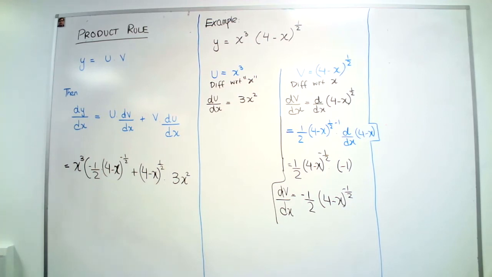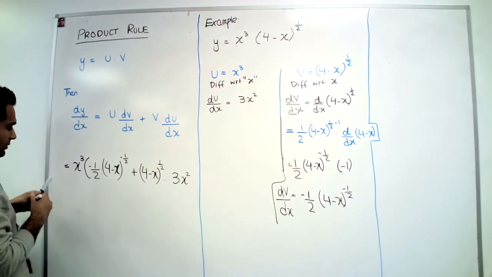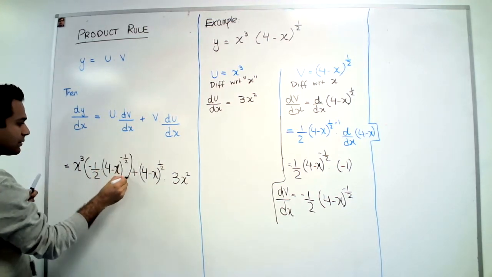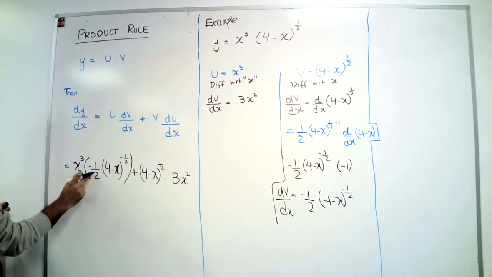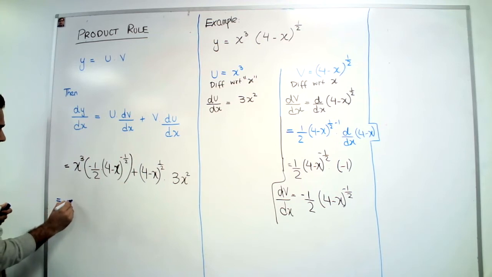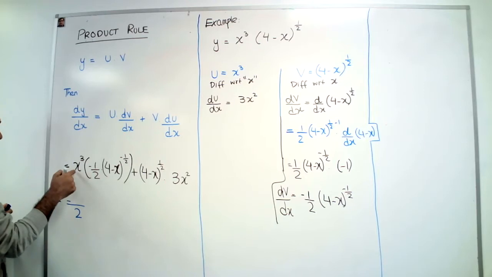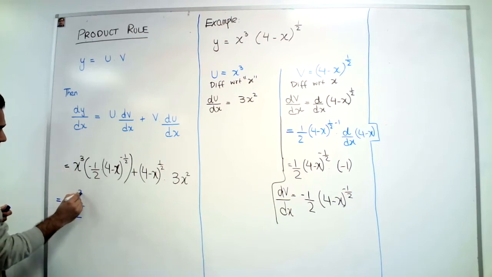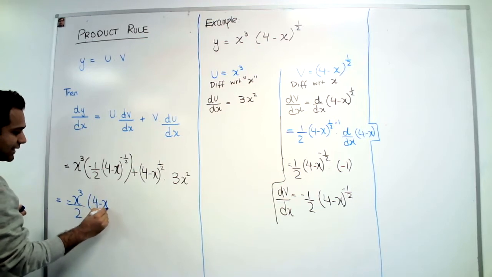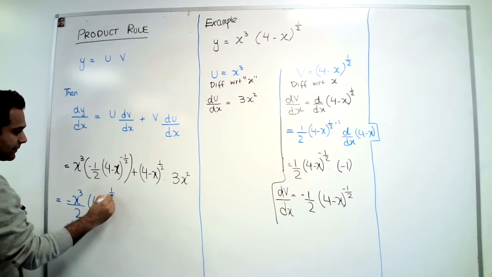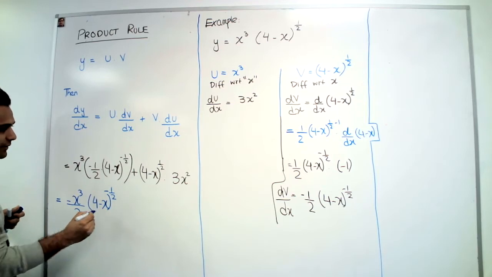You can rearrange that one. When you rearrange, this minus half comes out, so that would be minus half multiplied by x cubed, that becomes minus x cubed over 2, bracket 4 minus x to the power of negative half.